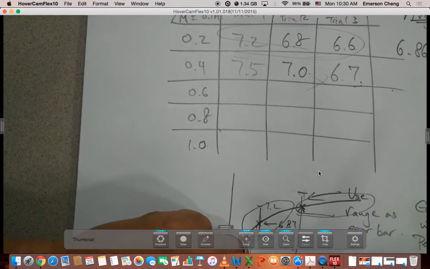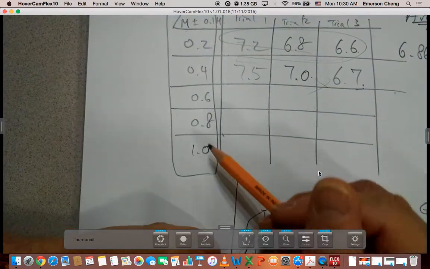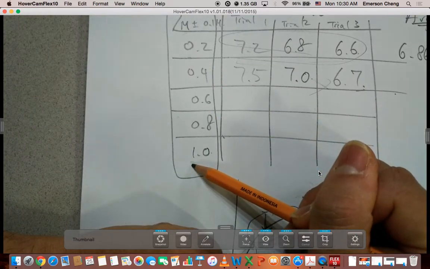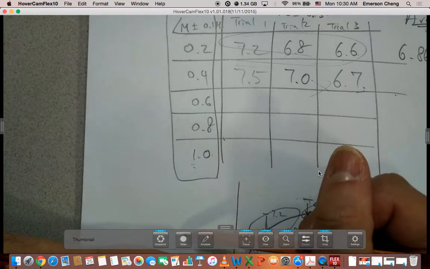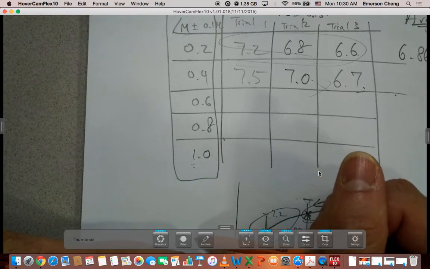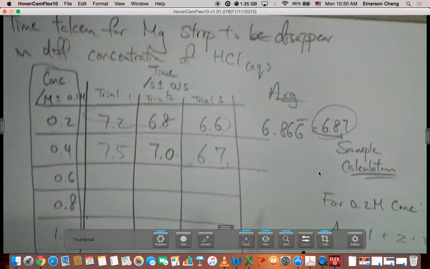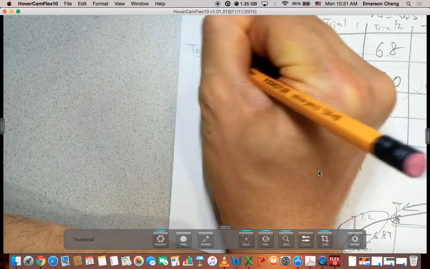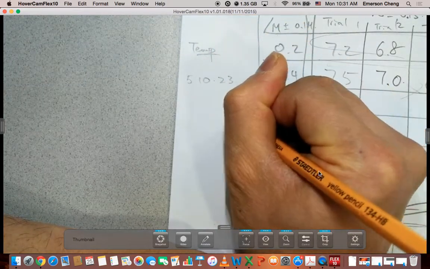But the range of your independent variable is different. Right now, the range of the independent variable only goes from 0.2 to 1.0. It doesn't include really concentrated acid, like 12 molar. So you need to talk about your range of independent variable, because sometimes, for temperature, you might have 5 degrees, 10 degrees, and then all of a sudden 23, 48, 60 degrees.